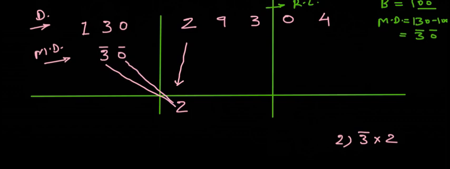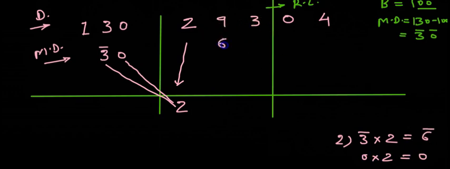Okay. To avoid any confusion, let me erase this negative sign. Right. Negative 3 multiplied by 2. See, negative 3 multiplied by 2 is negative 6. And 0 multiplied by 2 is 0. Now write these two products below the second and third digit in the dividend.